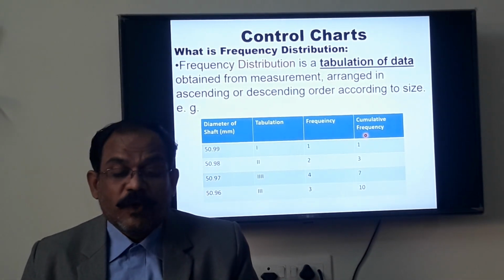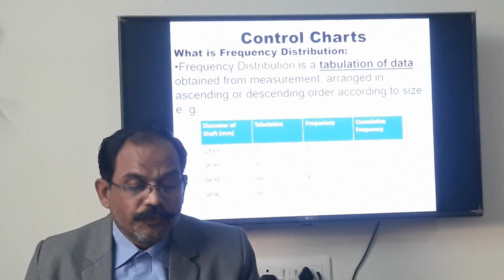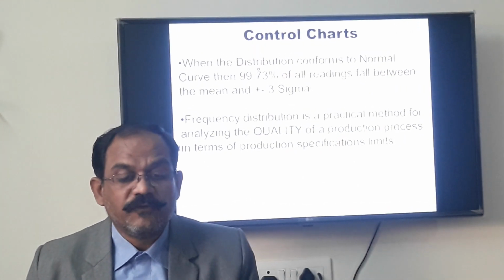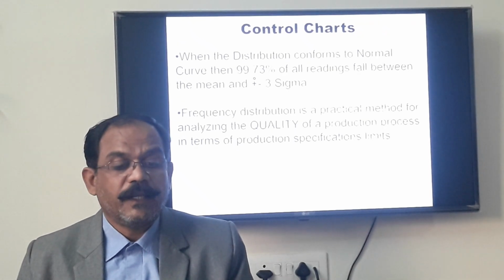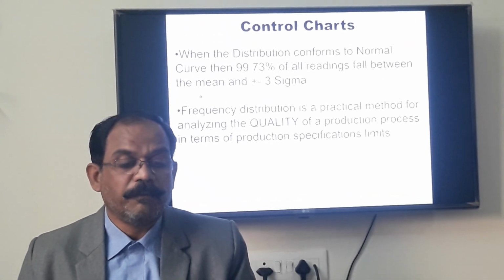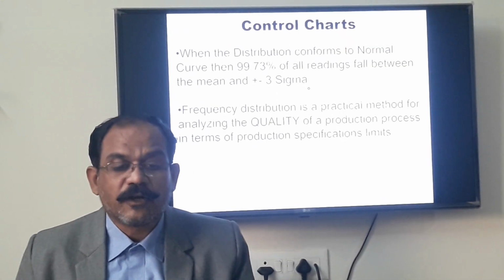Now once you arrange this frequency distribution data, what to do with this data? When the distribution conforms to the normal curve, then 99.73% of all readings fall between the mean plus minus 3 sigma. We have discussed all these earlier also.